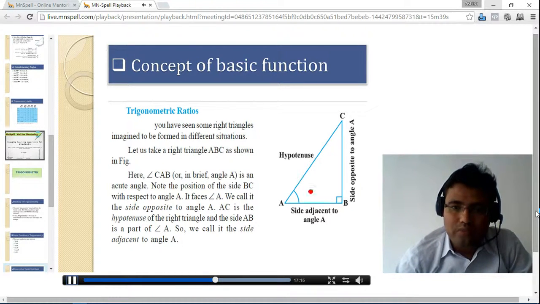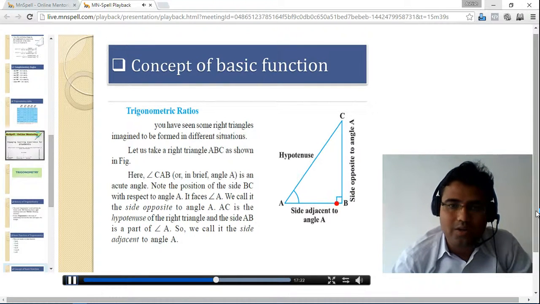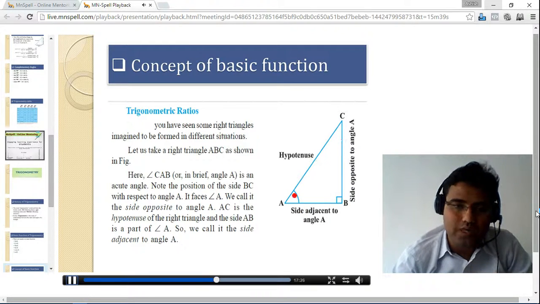First of all, just look at the figure. There's a triangle ABC, where angle B is a right angle and angles A and C are acute angles.